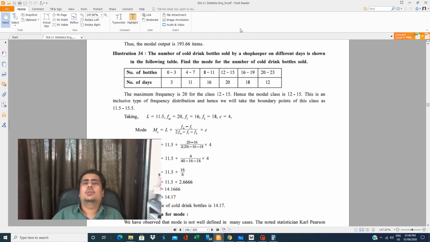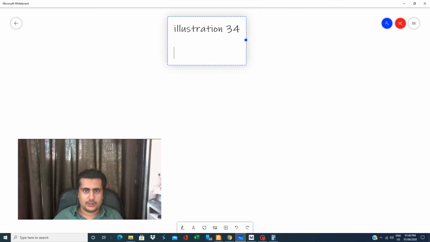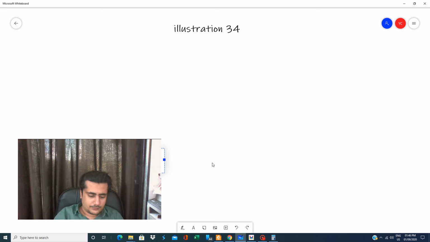Find the mode for the number of cool drink bottles. The number of bottles, the number of days. So that is the total number of bottles.